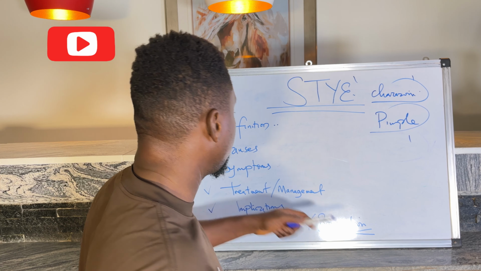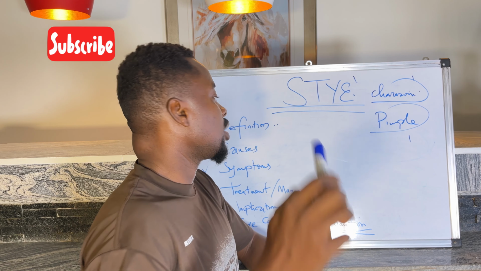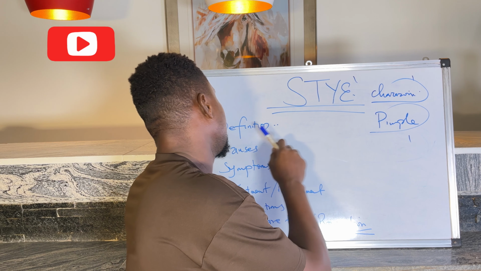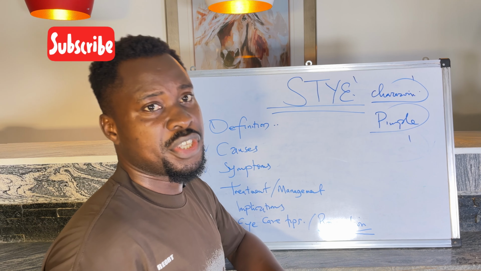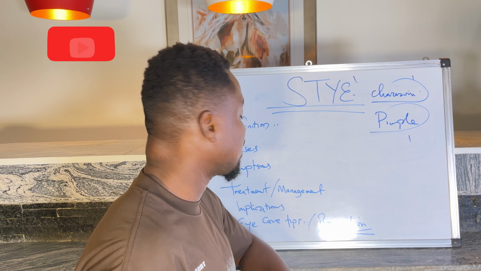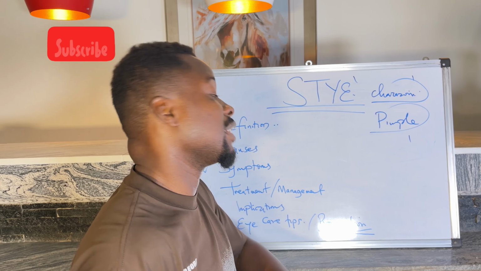So when we talk about treatment, the first treatment is by the use of antibiotics since it is an infection. But even at that, you have to see your eye doctor. Go to the nearest eye clinic in your location for proper assessment, diagnosis, and treatment.